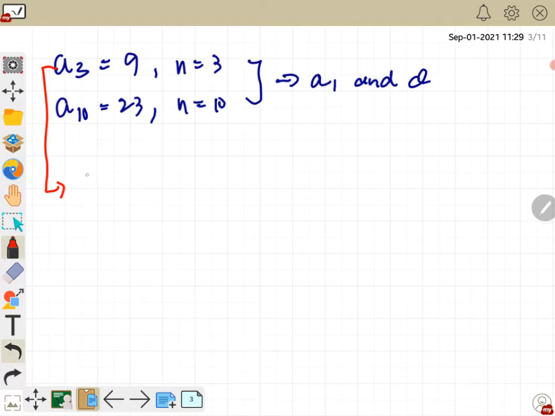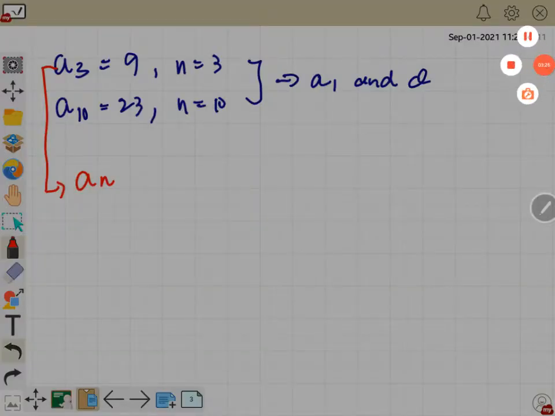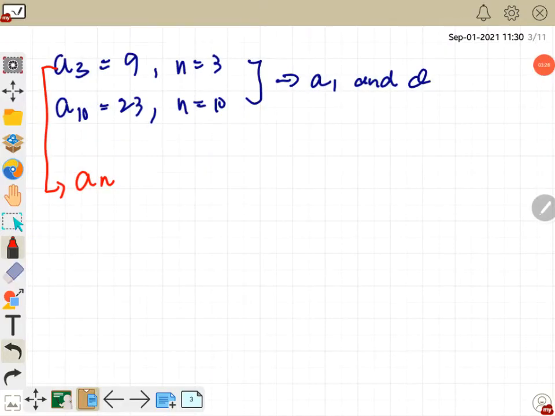We have a sub n equals a sub 1 plus n minus 1 times d. This is our general term for arithmetic sequence.